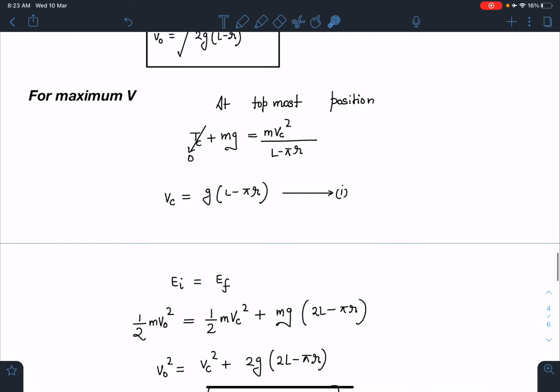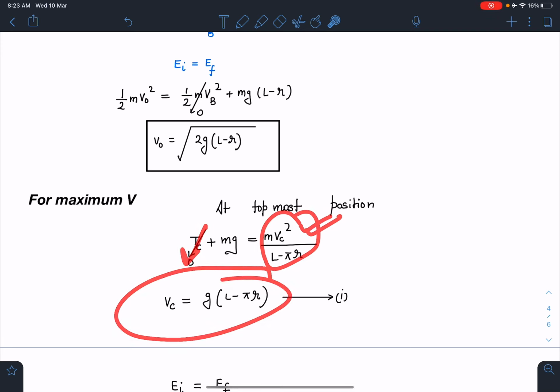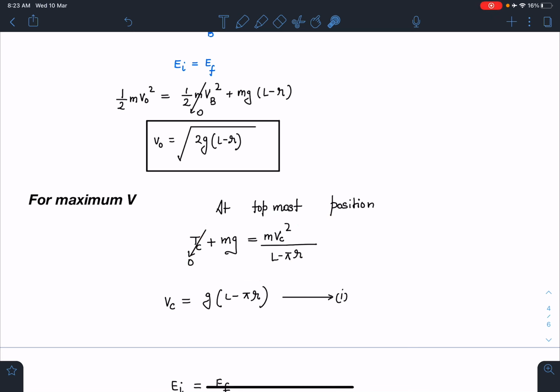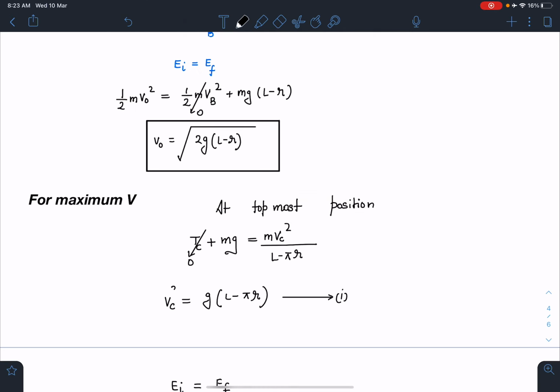So Tc plus mg is equal to m Vc whole square divided by L minus pi r. For minimum velocity of V naught, this Vc should be minimum, and if Vc is minimum, Tc should be 0, and I get Vc square equal to g times L minus pi r.